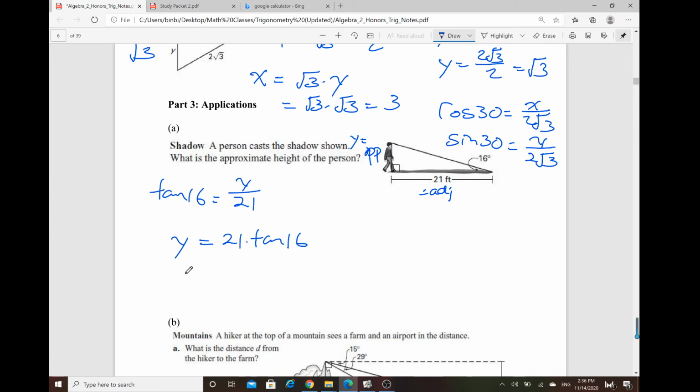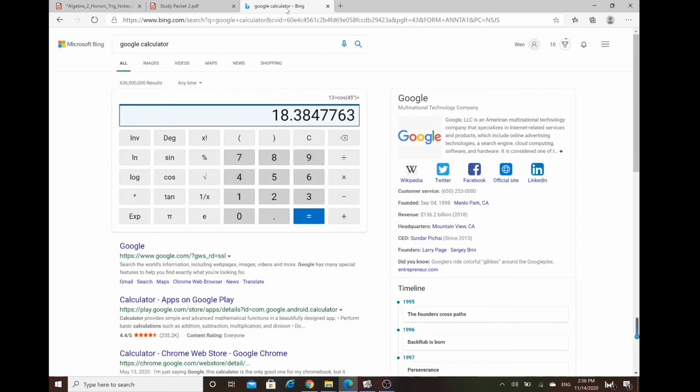Again, it doesn't say how many decimal places, so normally, if it doesn't say, you want to round it to either 2 decimal places or 3 decimal places. So 21 times tangent of 16 degrees is about 6.02 or 6.022.